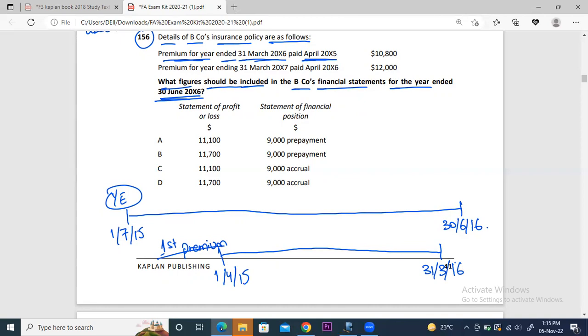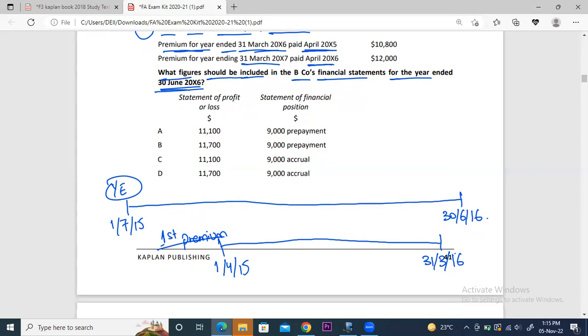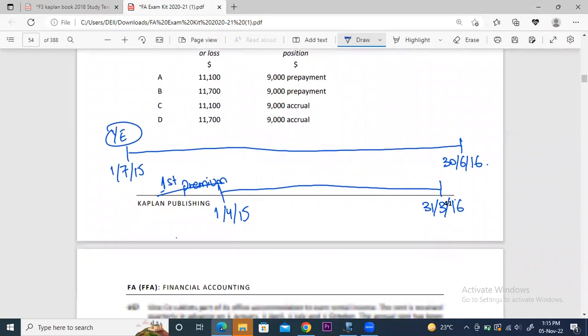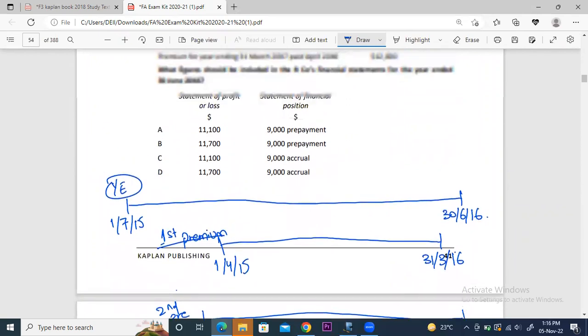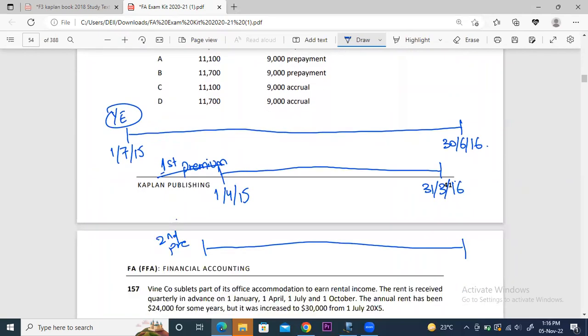Yes, some months are coming, because this is for the year ended 31st March 16. And premium for the year ending 31st March 17, paid April 16. So again, this is the second premium. Let me write it over here. Second premium, it was this one, and it was 31st March 17.